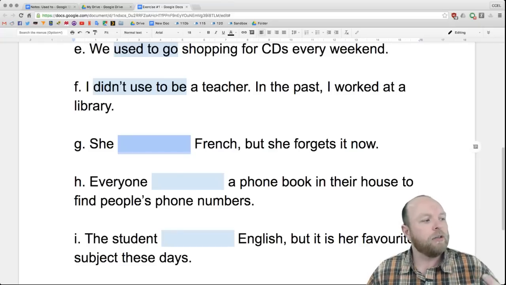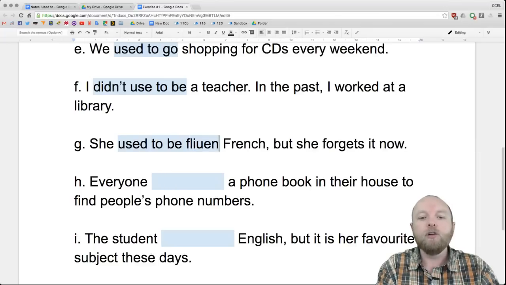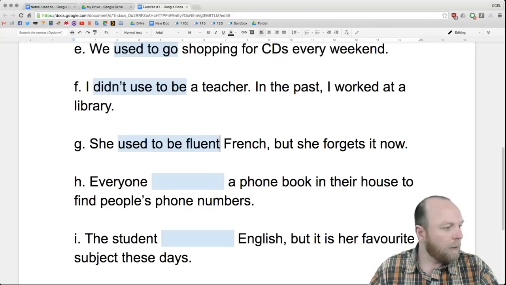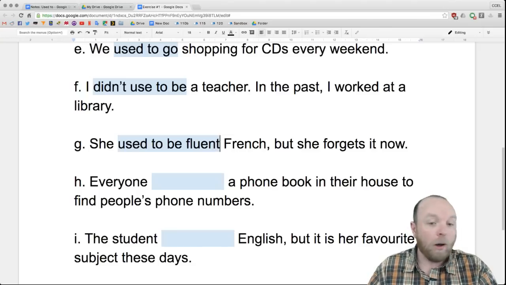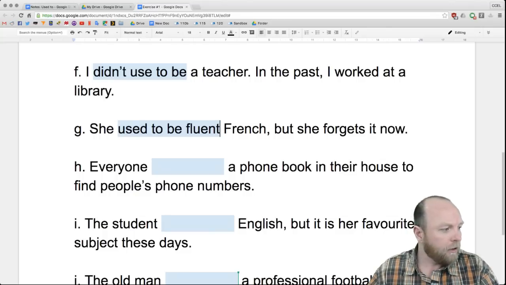Or Marianne, she used to be fluent. Yeah, let's write that. She used to be fluent in French. She used to speak French, but she forgets it now. Good job, Albovsky. Paul, she used to know French. Yeah, Paul, you're right. That's good. Or Valerie, she used to study French. Good job, Valerie. Thank you.